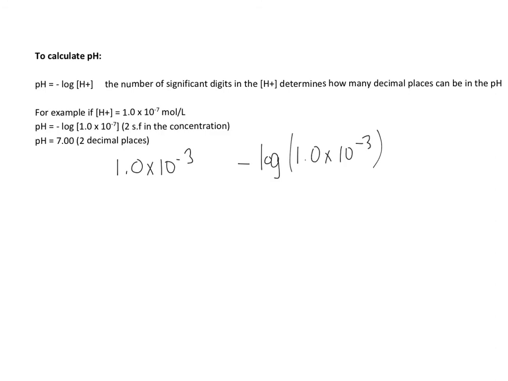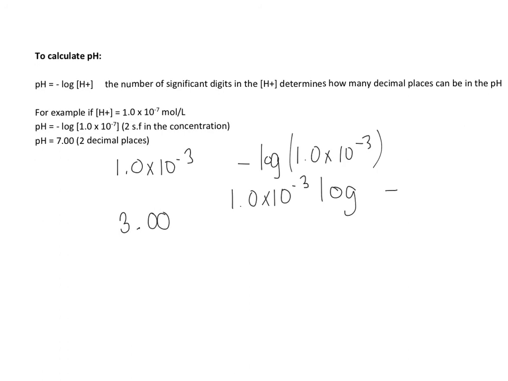Some of you, it gives you an error. In that case, you have to do 1 times 10 to the negative 3, then the log button, and then the negative button. It's backwards. So the pH of 1 times 10 to the negative 3 is actually 3.0.